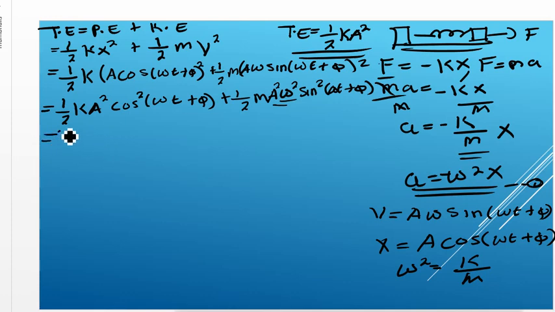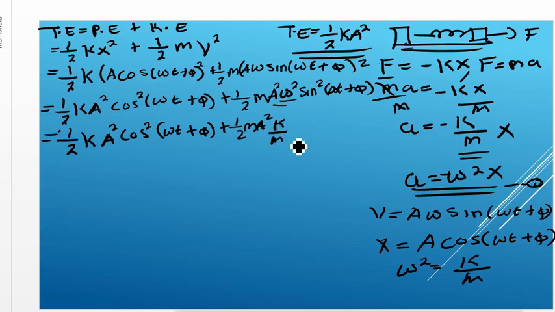You can do the replacement there. We're going to have 1 over 2 k A squared, then cosine squared of omega t plus phase, plus 1 over 2 m A squared. Then here I'm going to put k over m, sine squared of omega t plus phase.